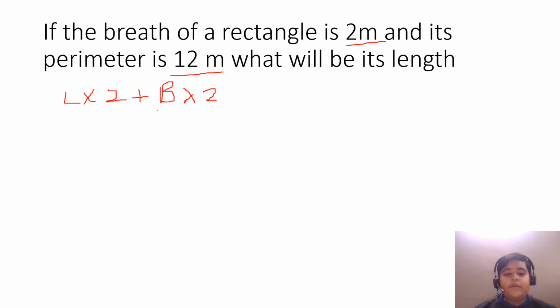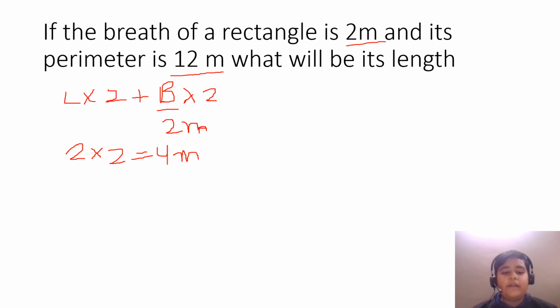So here we know breadth. Breadth is 2 meter. So first we will multiply breadth into 2, which means 2 into 2, which will be equal to 4. 4 meter. Now we get 4 meter after multiplying breadth into 2.